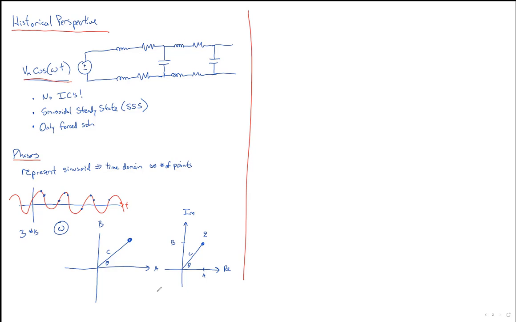But either way, we're going to graph it as this. We're going to think of this entire sinusoid as a single complex number, which we could graph as A plus jB, or as C at an angle of theta. They're both equivalent. But now we've reduced this entire sinusoid's infinite number of points to a single complex number. Whoa, that is a phasor.